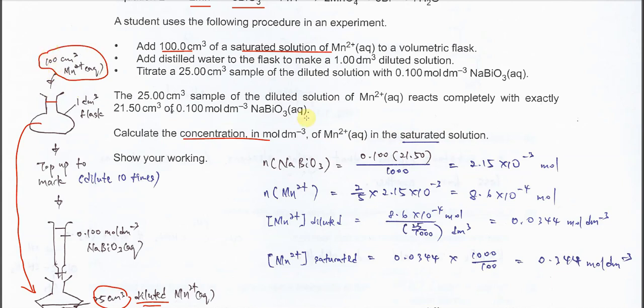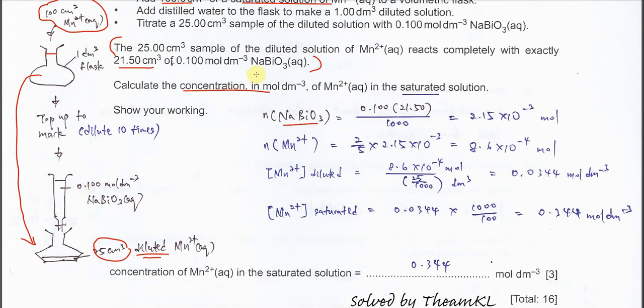So first, we need to calculate the moles of this salt that is used. So we need to use this information. Because this part already told us that the volume of this NaBiO3 solution used is 21.5.